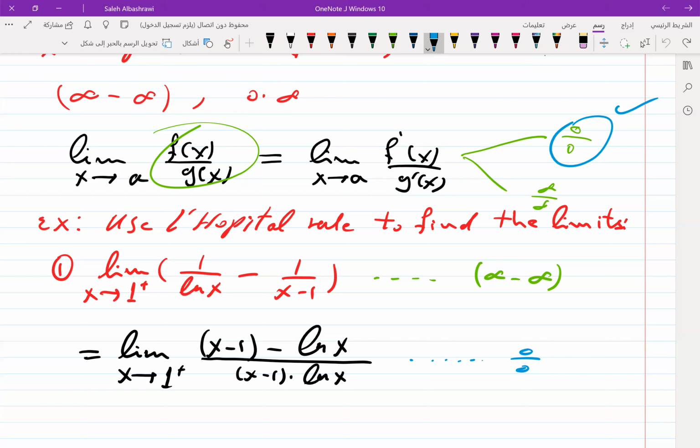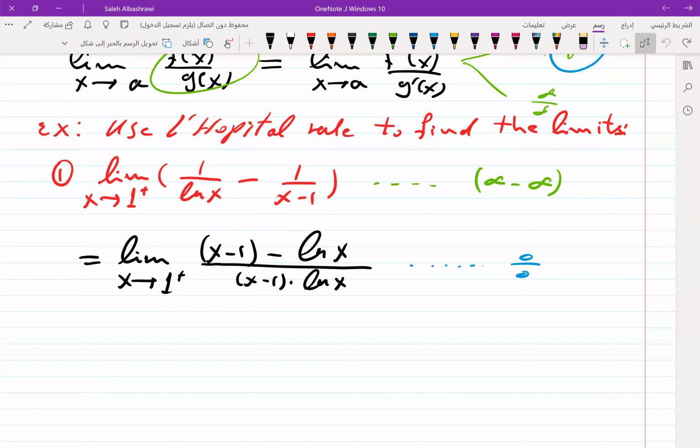And the functions x minus 1 and ln of x are differentiable at x equal to 1 or around that number. So the conditions for L'Hôpital's rule are satisfied. So let's apply L'Hôpital's rule. I will have the limit.